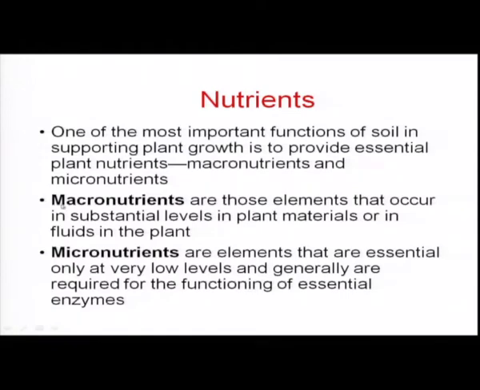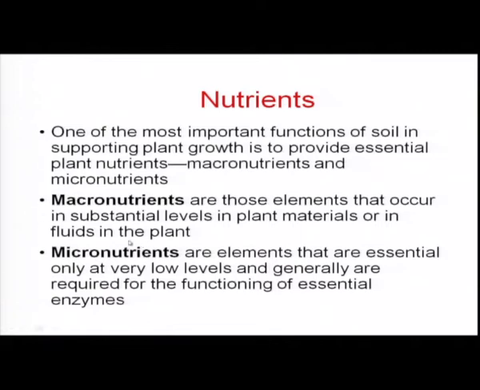The macronutrients present in soil are those elements that occur in soil in substantial level and in plant materials or in fluids in the plant where it is growing. So, that type of things are macronutrients which are all required in higher quantity.